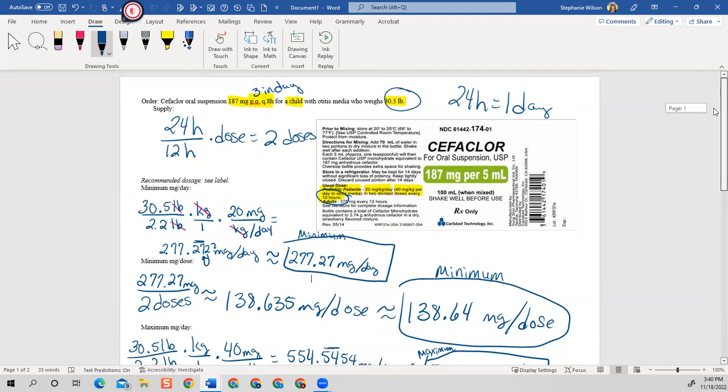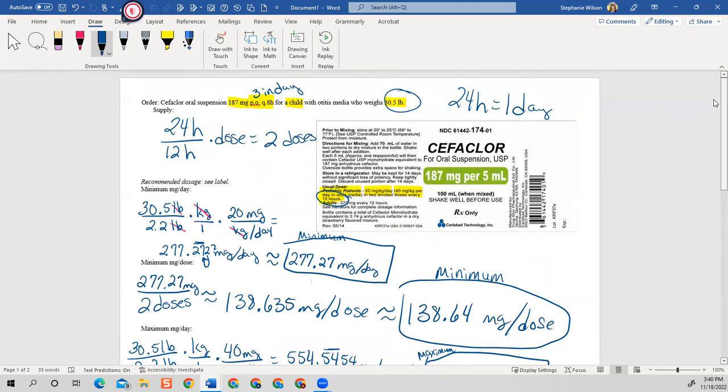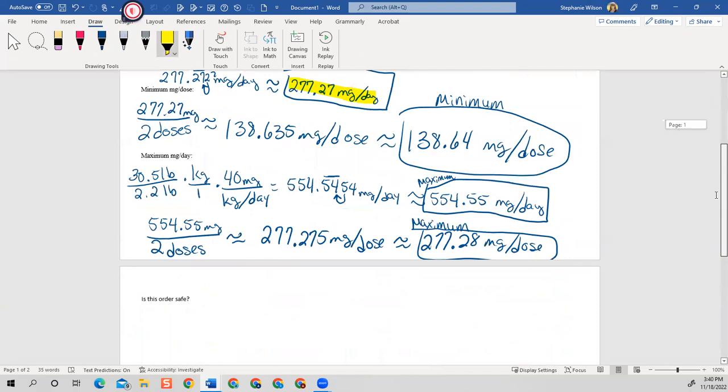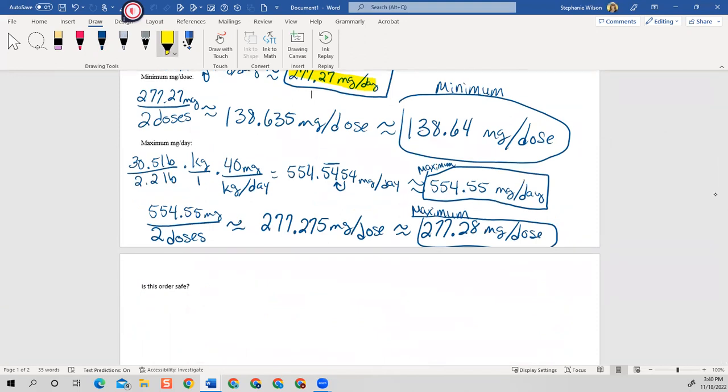So we have to figure out how much total will be taken in one day with the order, and compare it to the minimum per day and the maximum per day to determine if this is safe for the patient.